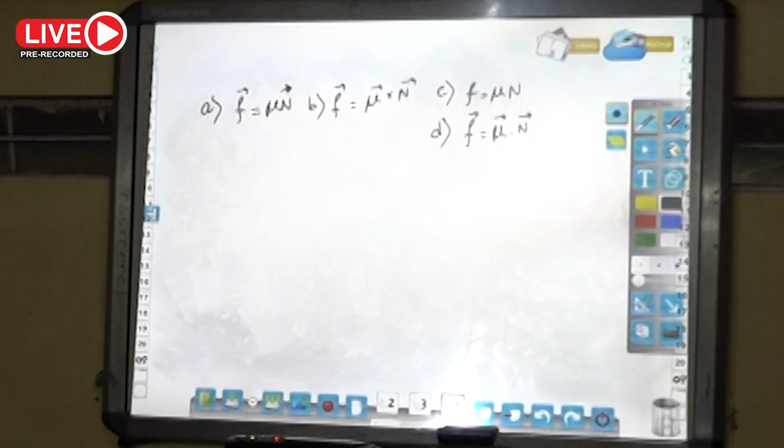Why not A? Because force and normal reaction both are vector quantities. Friction force is vector, normal reaction is also a vector, so why not A?